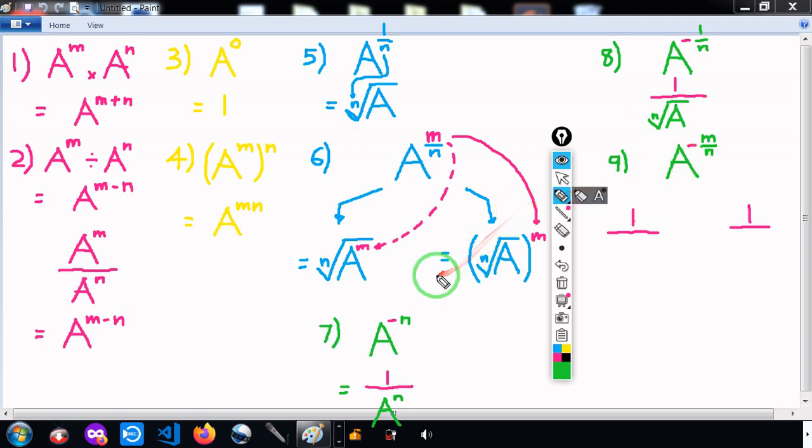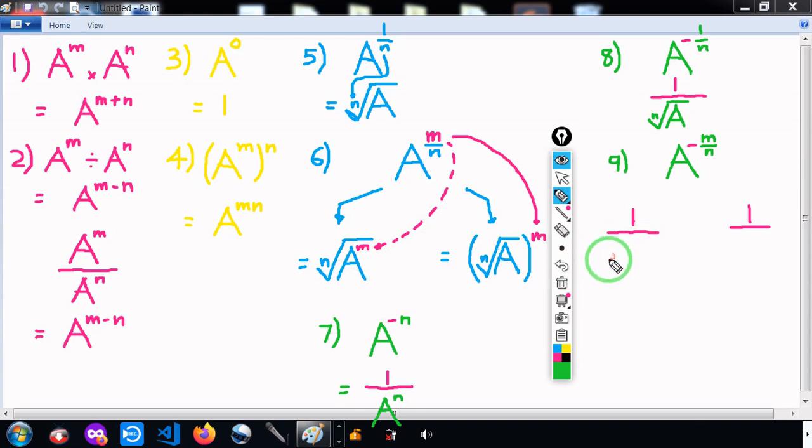Here is the same answer. What did we write here? Same, so just write that only. The only difference is a minus. A minus means 1 over, so 1 over whatever we found just now.